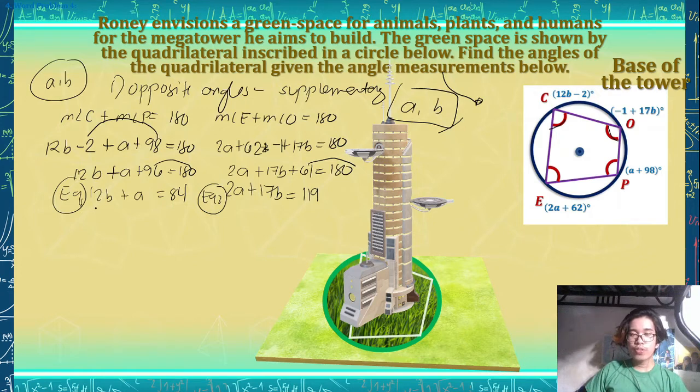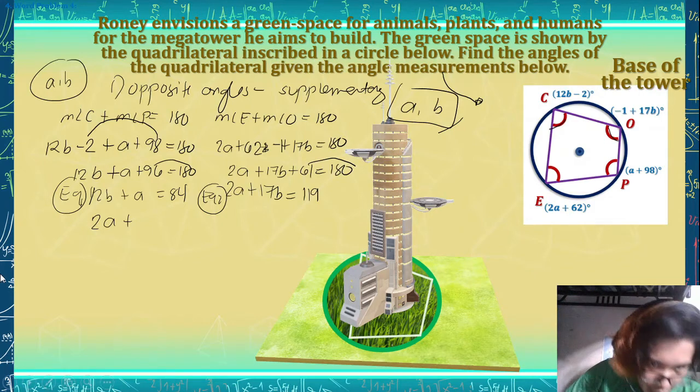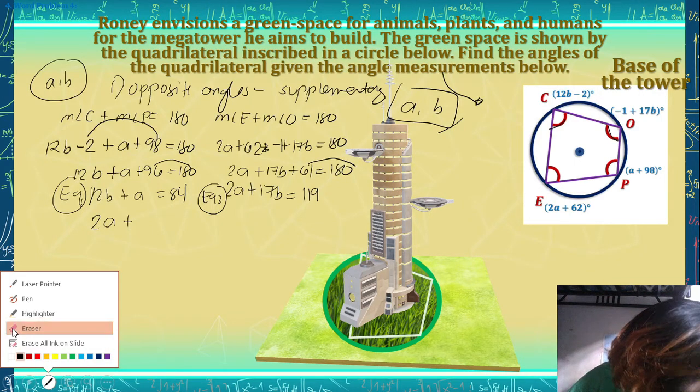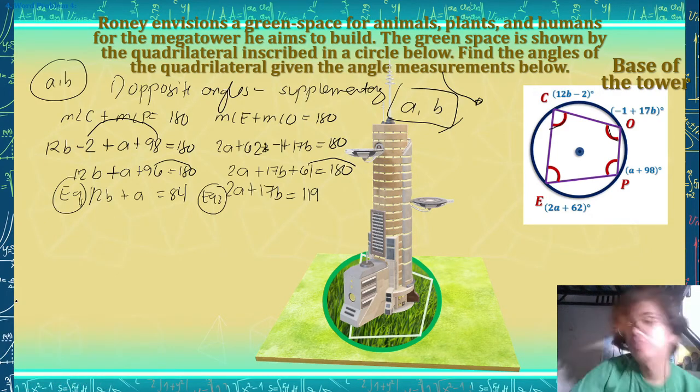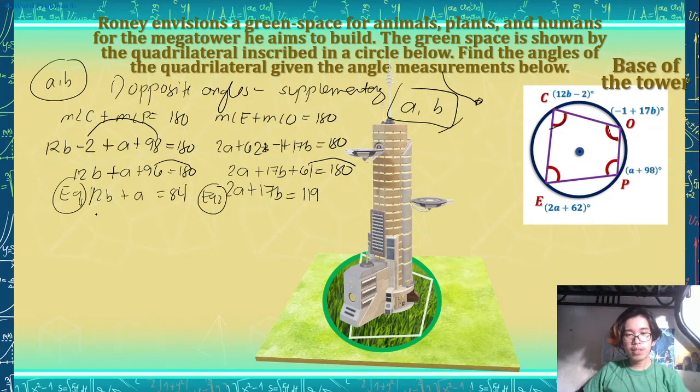Our first equation is 12b plus A is equal to 84, and our second equation is 17b plus 2A is equal to 119. We can write the 12b equation here at the bottom again, just to separate them. So that's 12b plus A is equal to 84.